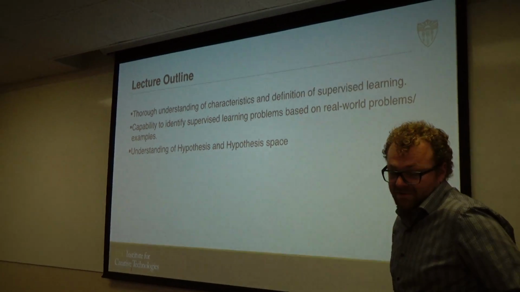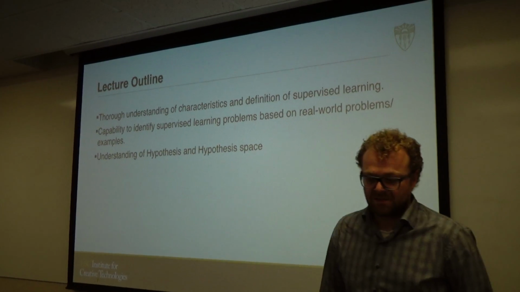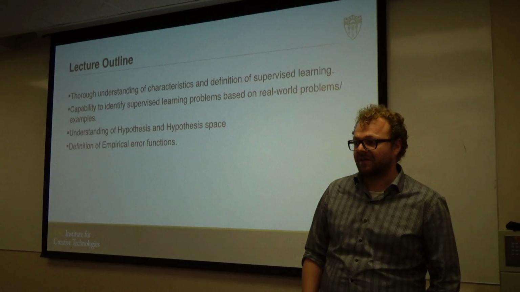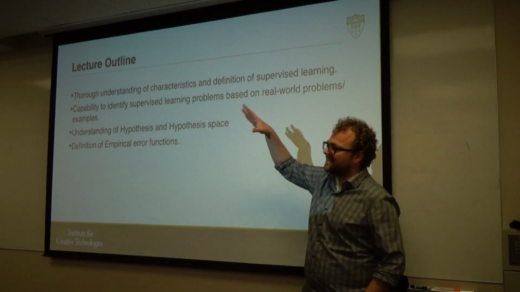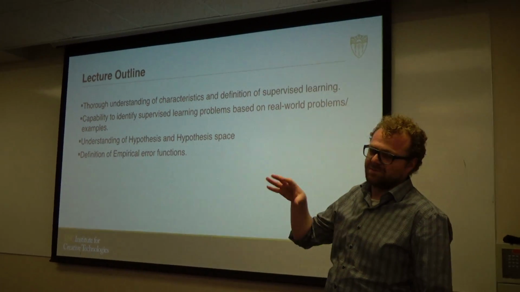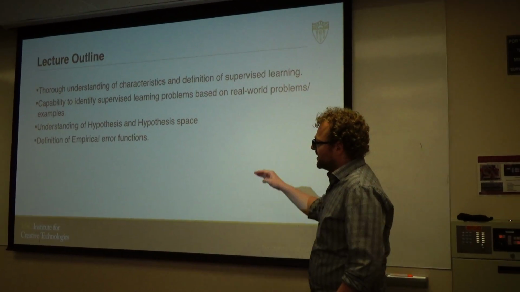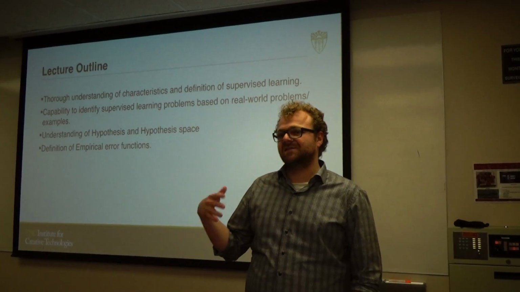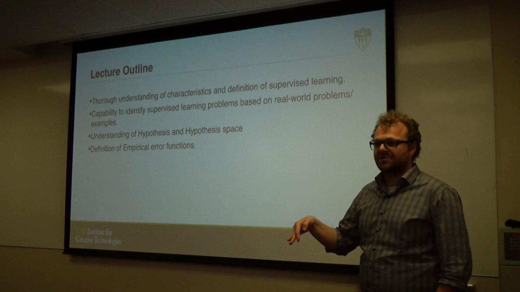We're going to talk about hypotheses and hypothesis spaces. We're going to define empirical errors, because hypothesis and hypothesis space are basically the realm where supervised machine learning algorithms actually live. We're going to define this, and we're going to define empirical error because, as you might know, in classification or supervised learning tasks, we want to reduce or minimize a certain type of error.